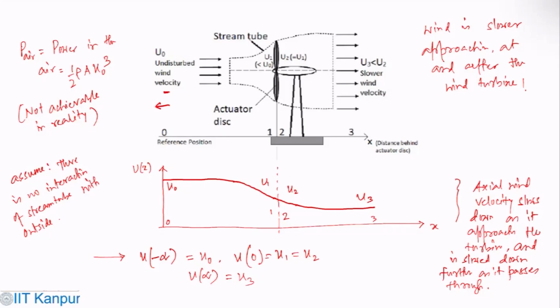What we can do is also look at the pressure situation. Let's say we plot with X, so this is P of X. Pressure shoots up, comes down, then stays somewhere. So this is what happens.